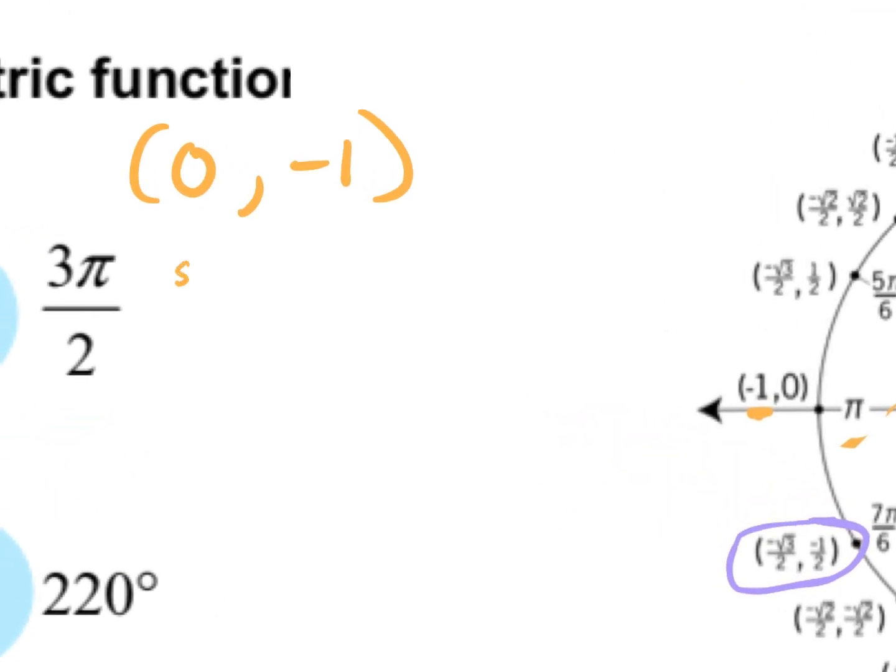So now let's find our 6 trig functions. Sine, cosine, tangent, cosecant, secant, cotangent. So again, we don't have a triangle here.